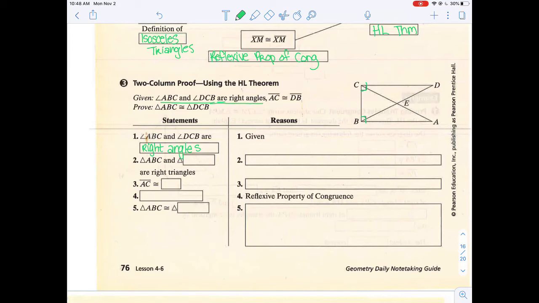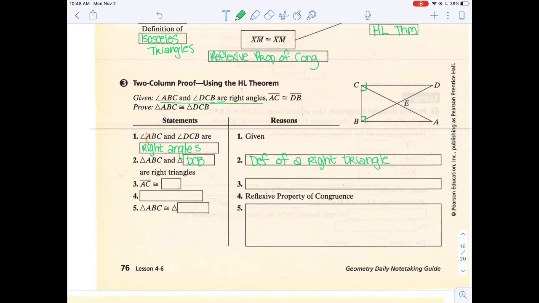Triangle ABC and triangle DCB are right triangles by the definition of a right triangle. So as soon as we know the triangle has one right angle, we can say it's a right triangle by the definition of a right triangle.